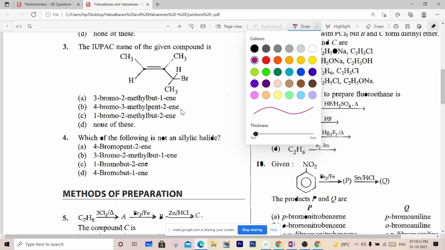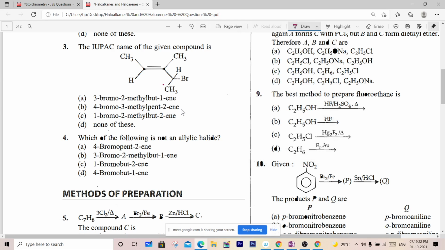Option B. We are not doing the numbering like that from now. So from left, 1, 2, 3, 4, 5.